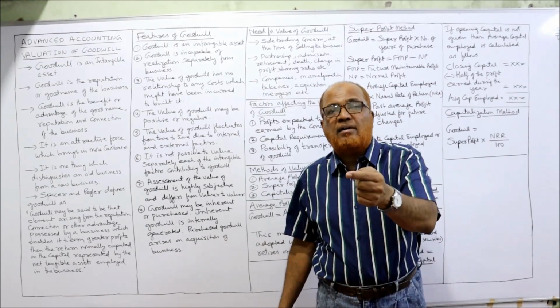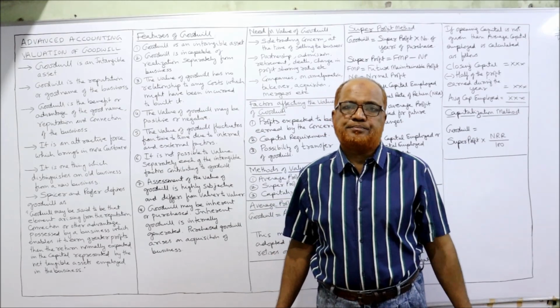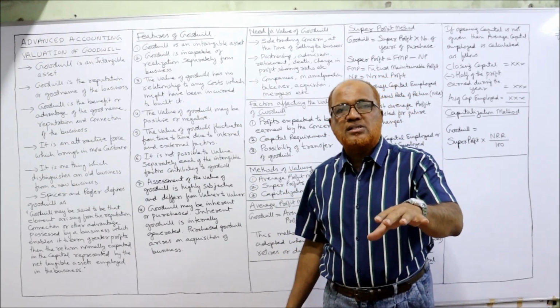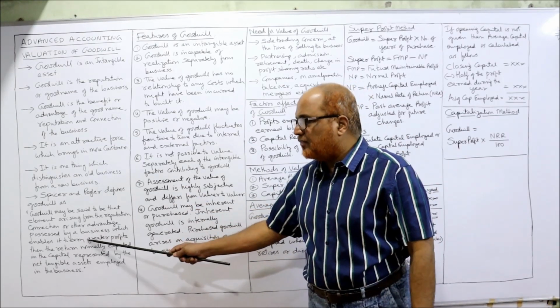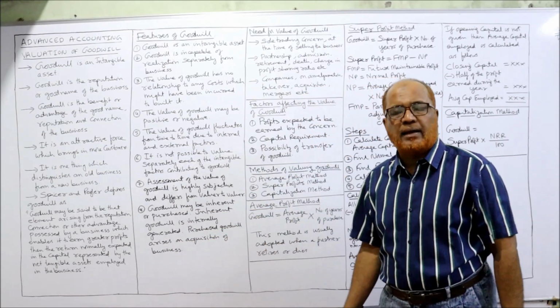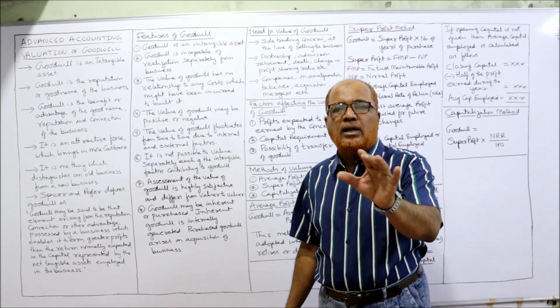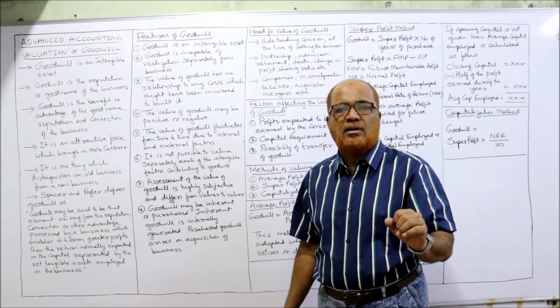But the business which has goodwill will earn more than 30%. Other businesses are earning 30%, but this business which has goodwill will earn more profits. This is the definition given by Spicer and Pegler. So I have explained that goodwill is the reputation or good name of the business, and goodwill will bring more profit to the business, right?